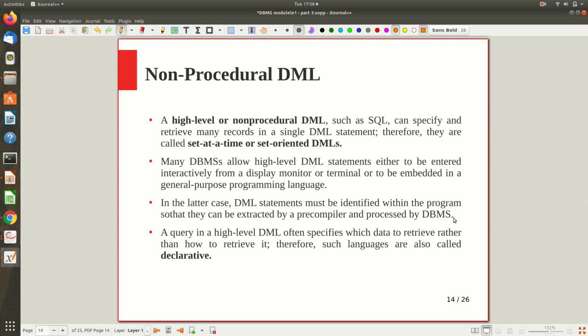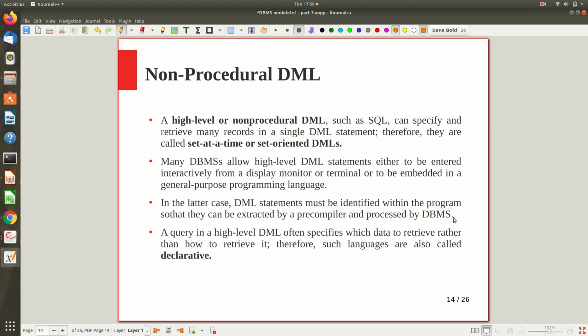Just like in the previous case, the database related queries have to be separated from the programming language constructs, and they are then executed in line with the database management system software.